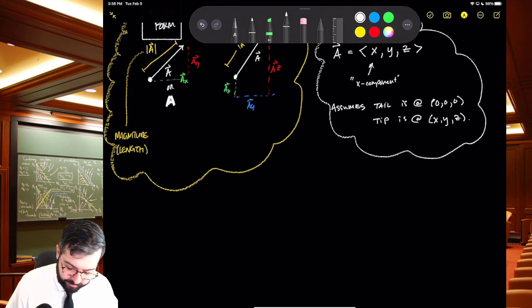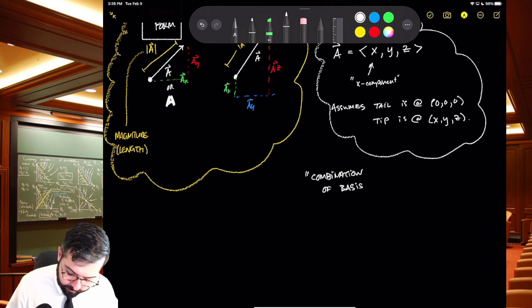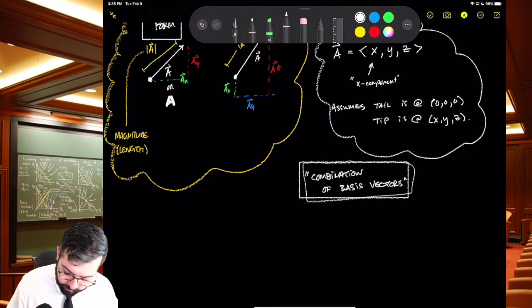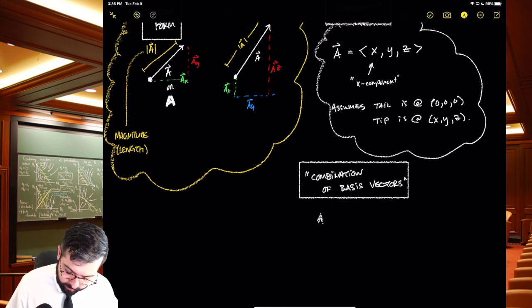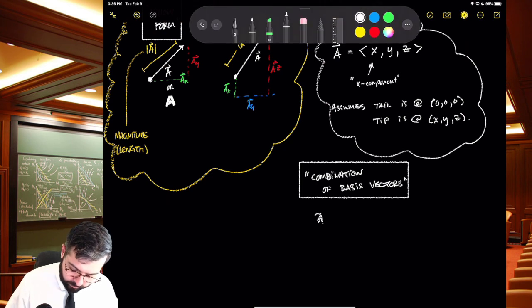And the other thing that I'll tease now too is a combination of the basis vectors. Like here, if I have the vector 1, 2, let's do it in R3.